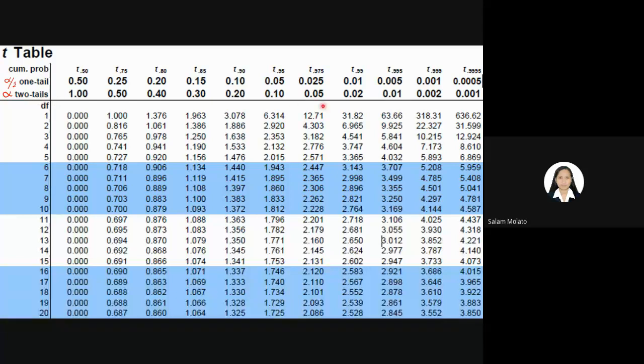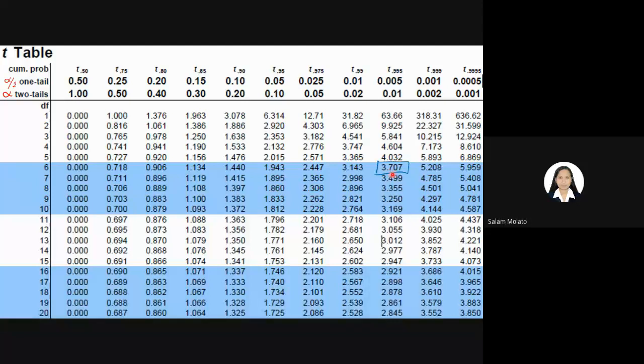So, yung alpha natin is 0.01, while our DF is 6. So, alin ba yung katapat niyan? Okay, so we can use 3.707. Tama? 6 and 0.01. Kung alpha over 2 naman, di ba 0.005 yung alpha over 2 natin? And 6 DF. So, again, 3.707.